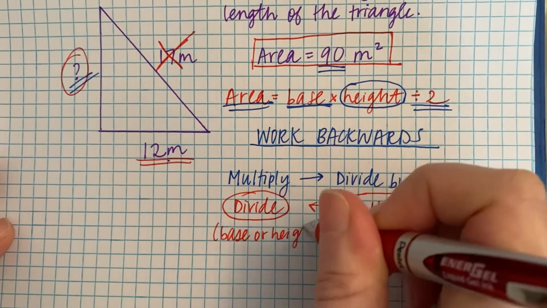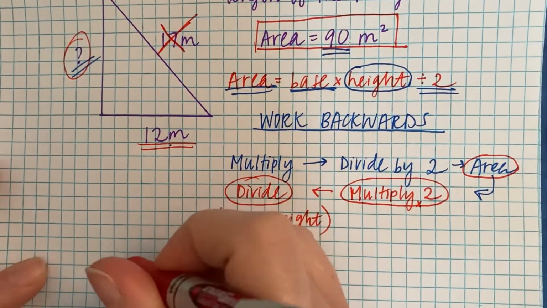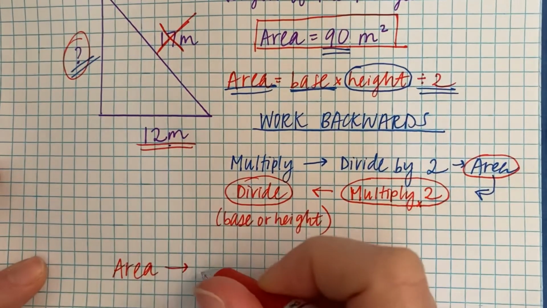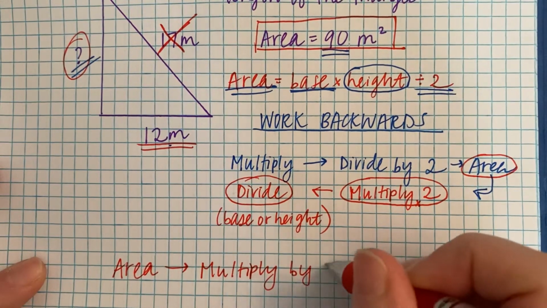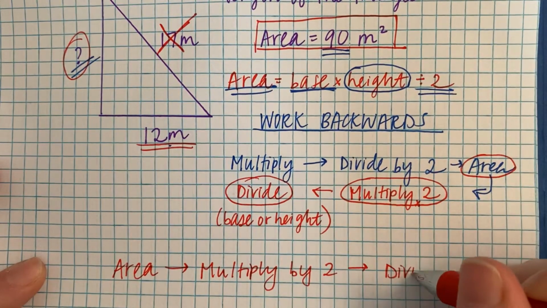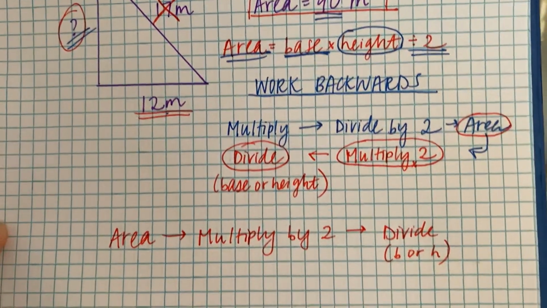Whichever one you know will give you the one that you're missing. So again, we start with the area, we multiply by 2 because we're working backwards, and then we divide either the base or the height. Whichever one we know will give us the one that we're missing.